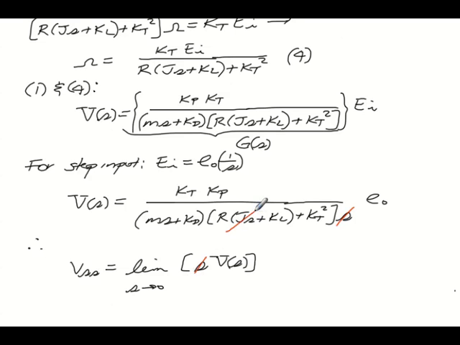And the s gets set equal to 0 there and there. So all we have left here is the ratio of K_p over K_d K_t, times E_0, the amplitude of our input voltage. So that's the steady state speed of the boat for a step input of voltage.